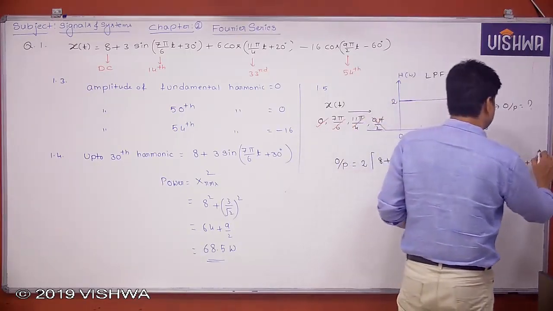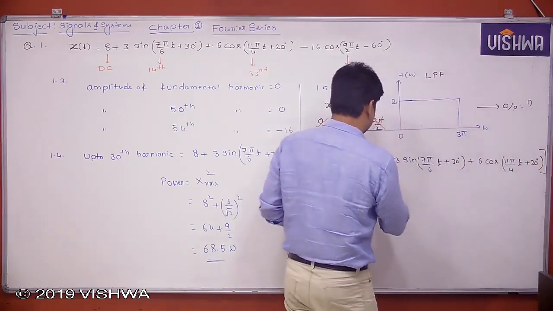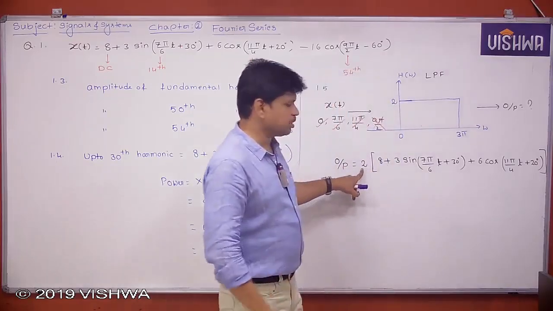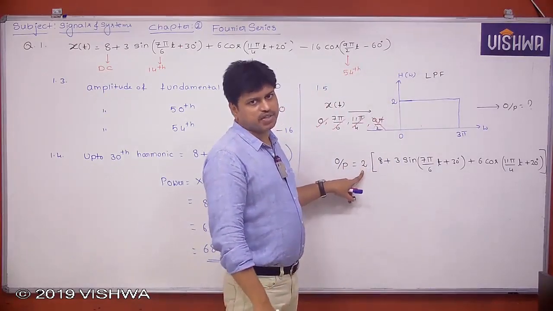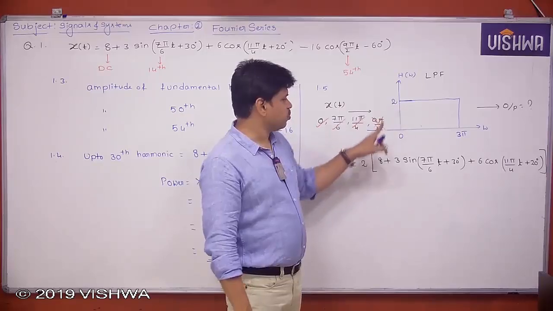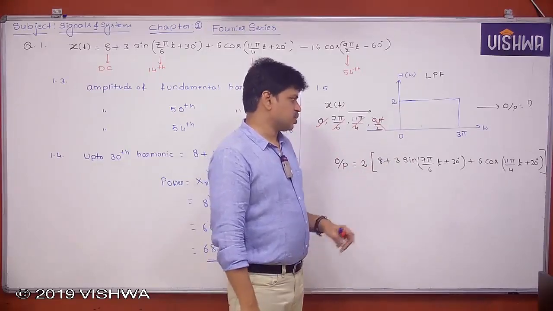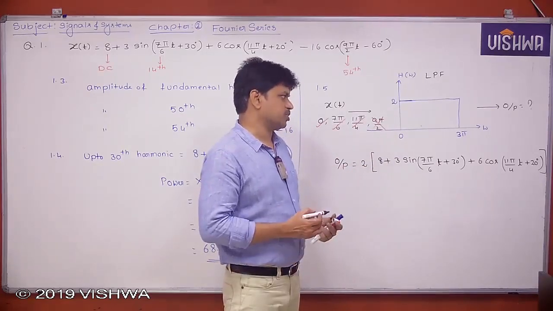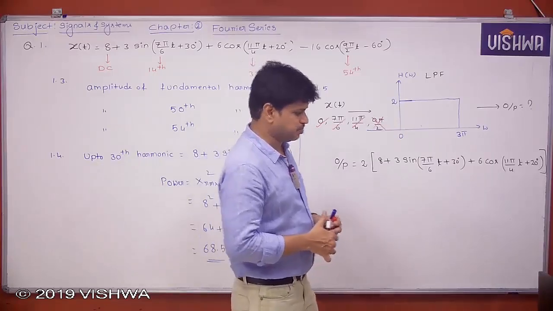So with a multiple of 2. I hope you understood why we multiply with 2, because this is the gain of the low pass filter. So with that gain we have to multiply the signals which pass through the low pass filter. Clear? Take it.